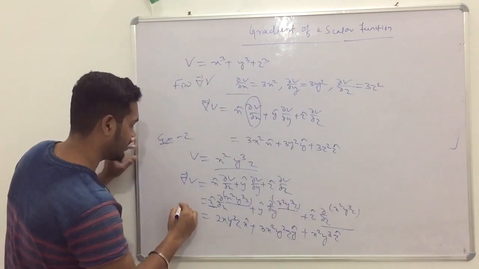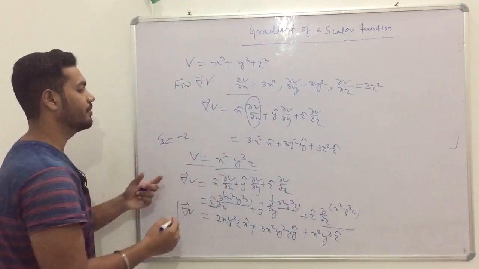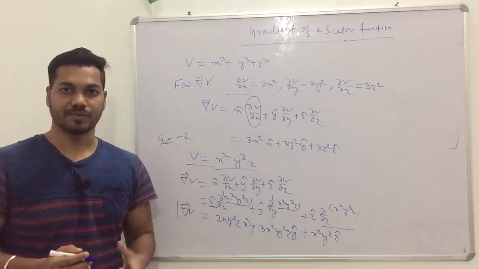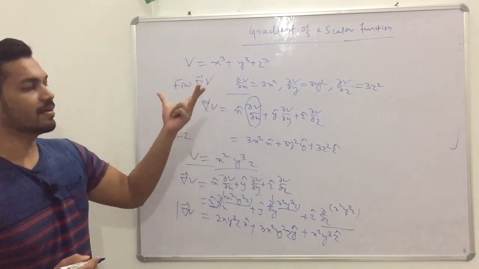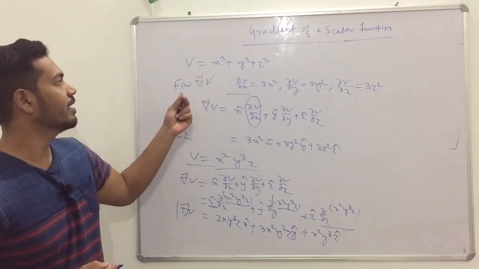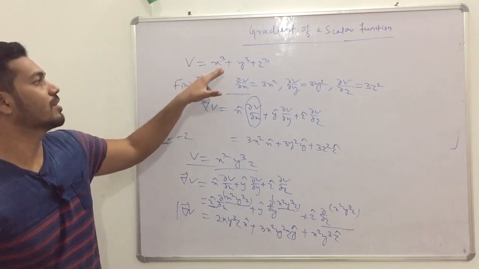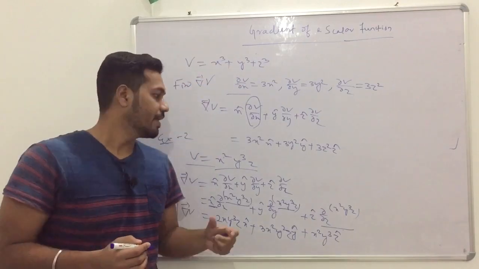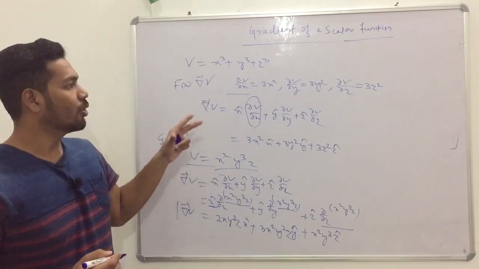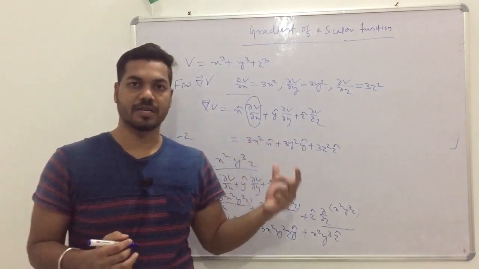So this is the gradient of the function V equals x square y cube z. I hope you understand the gradient of a scalar function when the function is of the variables x, y, z, and I hope through the examples you better understand the concept.